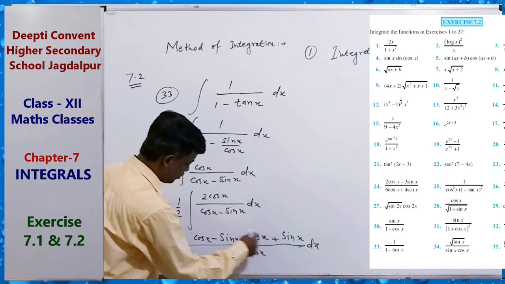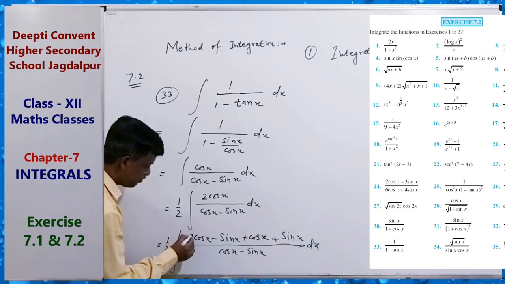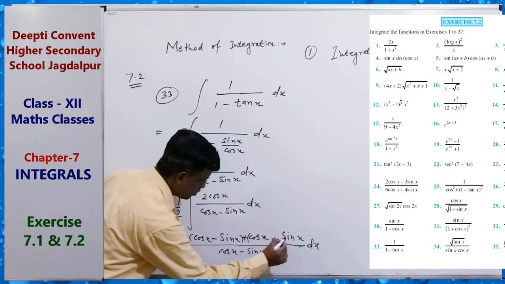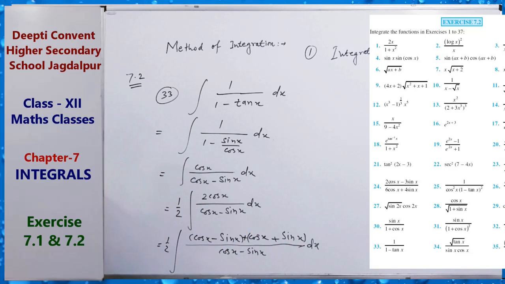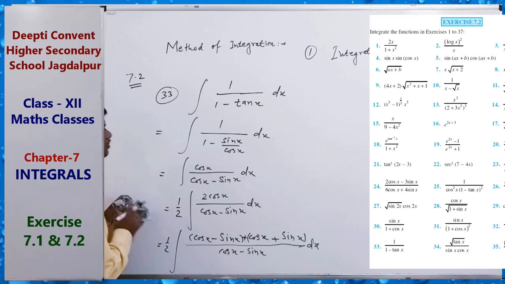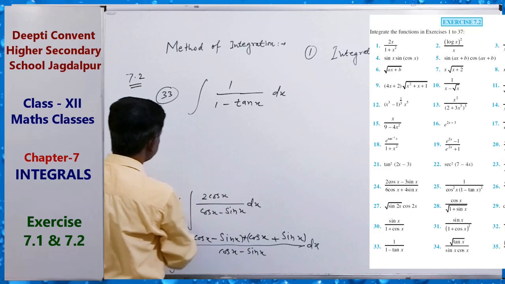Sin cancels, and 2 cos can be written like this. Now we make a combination like this: cos minus sin plus cos plus sin. Now distribute this into pluses. So we will get what?